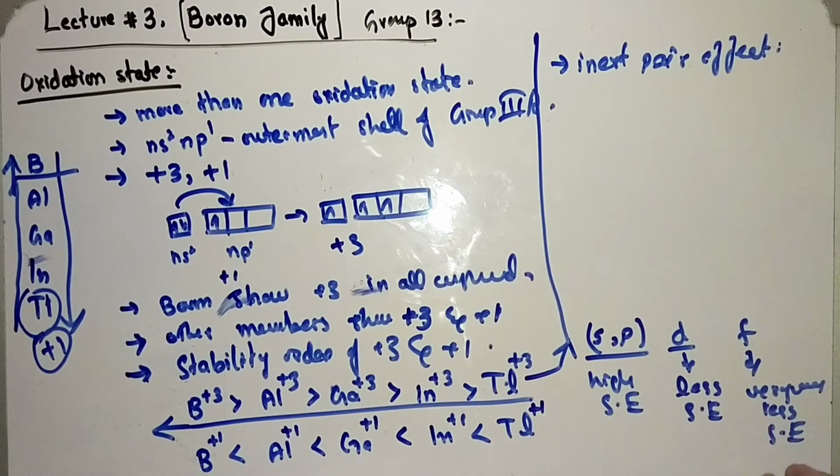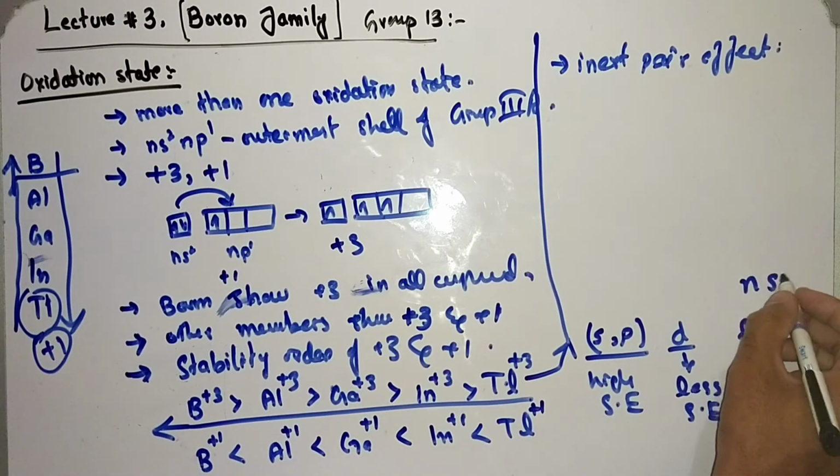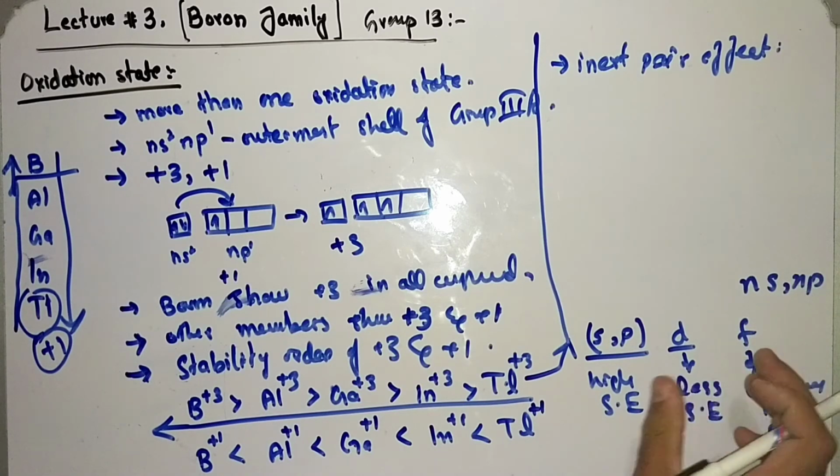Due to this, when f electrons show very little shielding, the outermost ns and np electrons are closer to the nucleus.